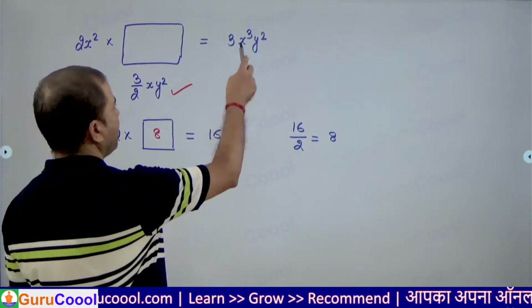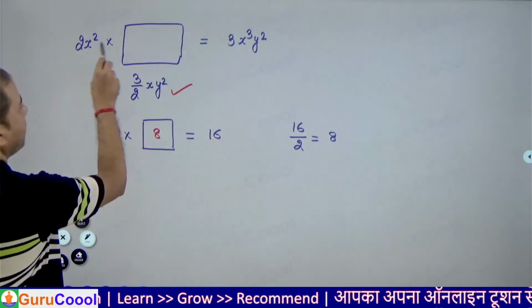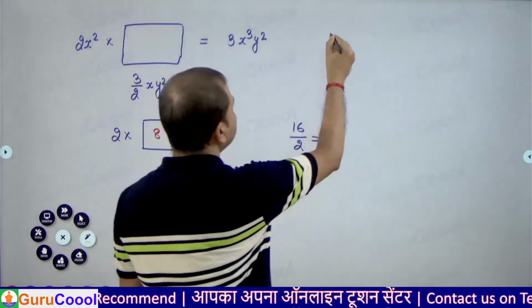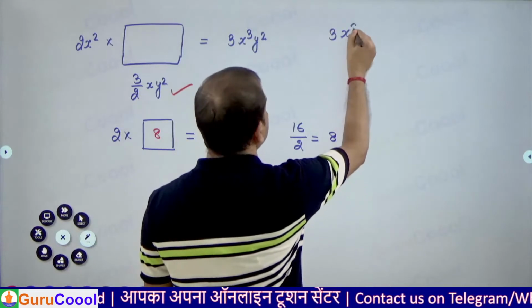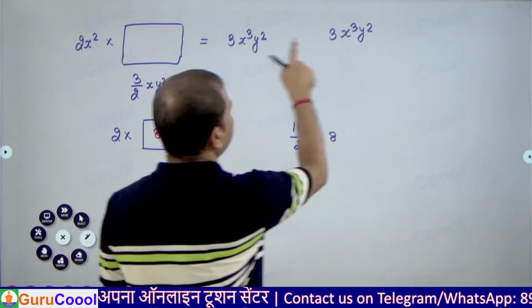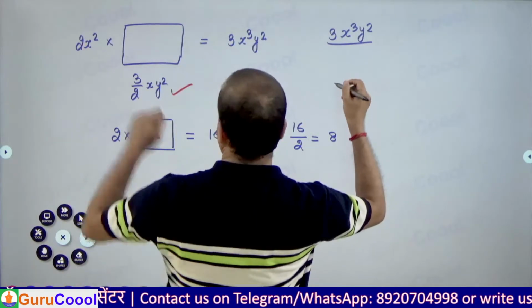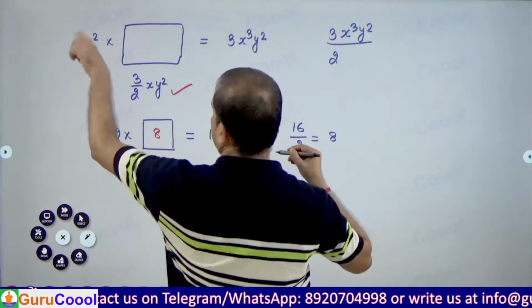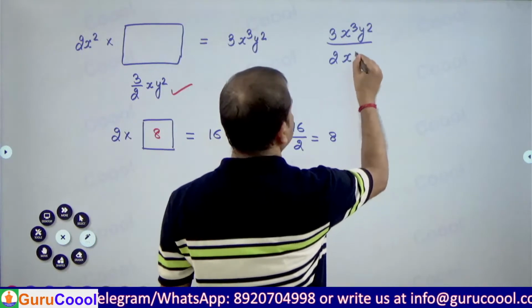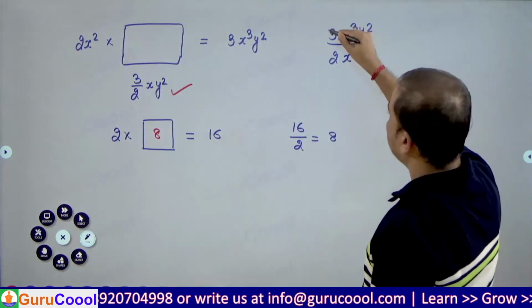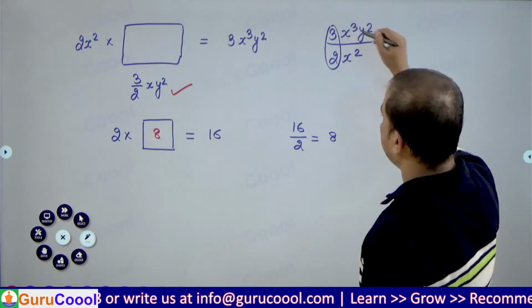Same idea can be applied here. I asked 2x squared times what is equal to this. You can divide it. 3x cube y squared, I have taken this expression here. I will divide it by the first factor, 2x squared. If I divide it, 3 by 2 will remain as it is because it's not getting cancelled.